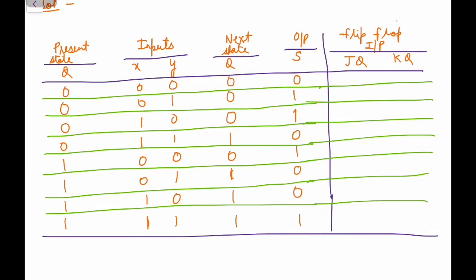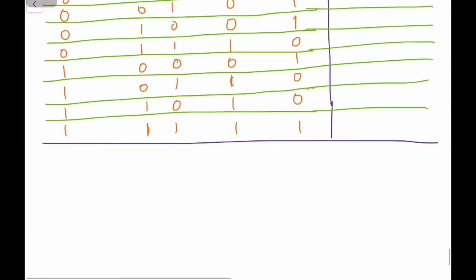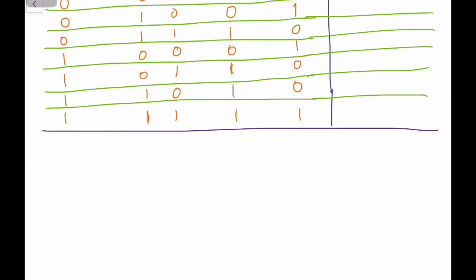Then the input combination, the excitation table of the JK flip flop, we will see the excitation table of the JK flip flop. So this is Q, Q(t+1), this is J and K. If the present state and the next stage is 0, then the input is either no change, 0 0 or 0 1. So J is 0 fixed here and K is a don't care condition.